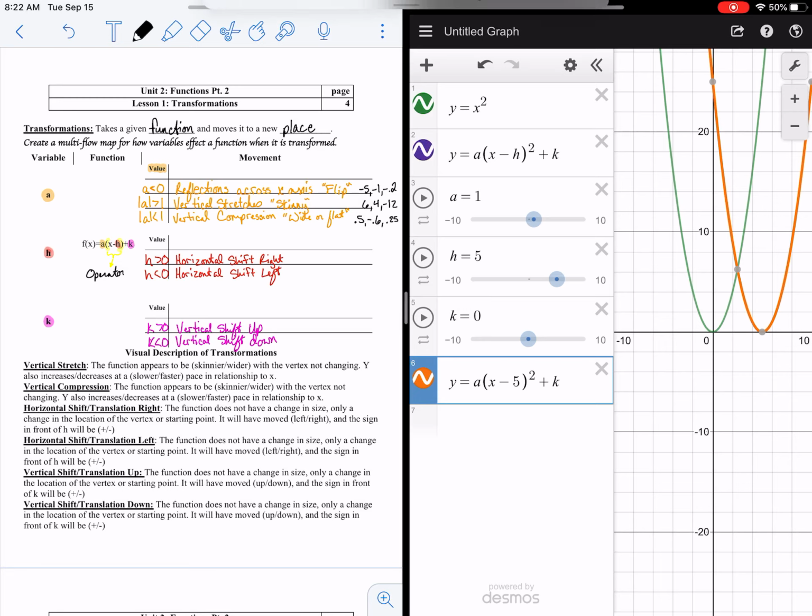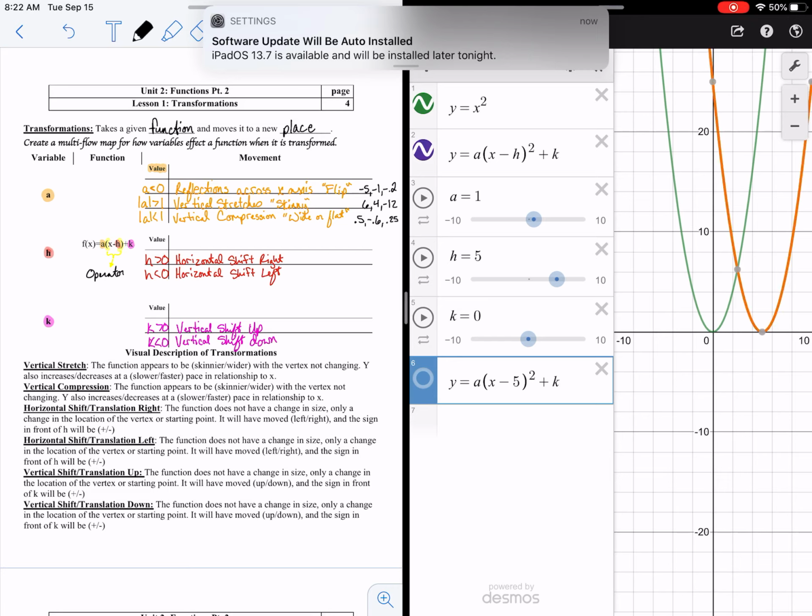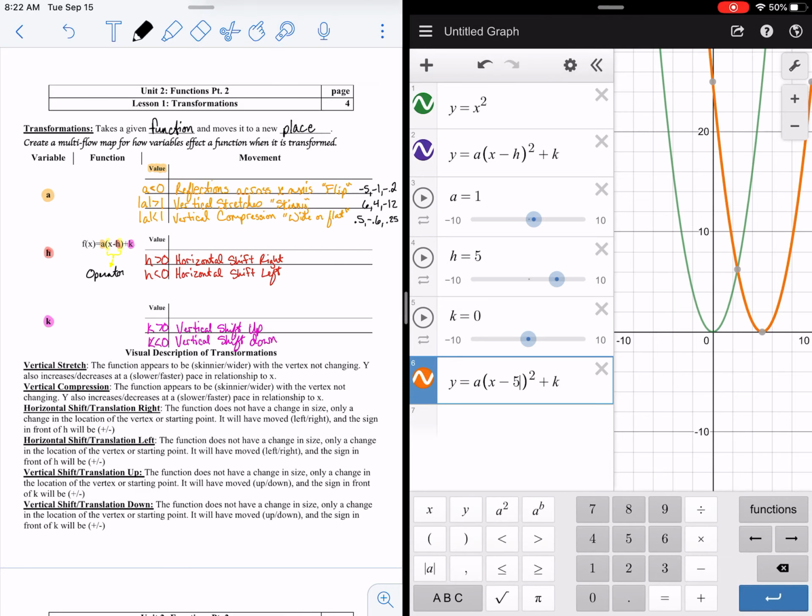So you can see my purple and my orange overlapping. Now say if I thought it was negative 5, okay? So negative 5 would really just be plus 5. Well, that purple graph and orange graph are no longer the same.